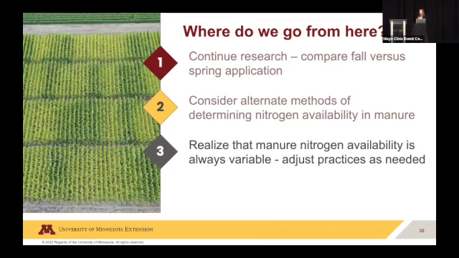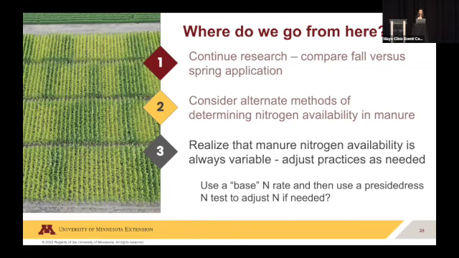And I think we talked about this earlier with some of the economics, if we have a base nitrogen rate, could we use a pre-sidedress nitrate test or some other indicator where we could apply the rest of the nitrogen as needed? Because in some years, like in our wet years, we saw that there was less nitrogen available than expected. If the pre-sidedress nitrate test told us that, we could then apply more nitrogen.